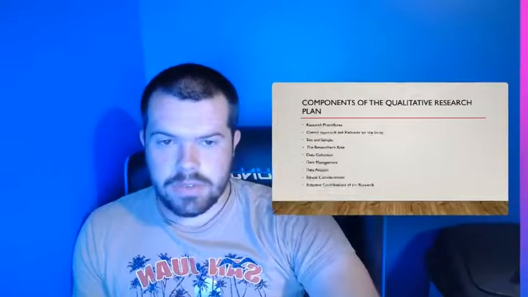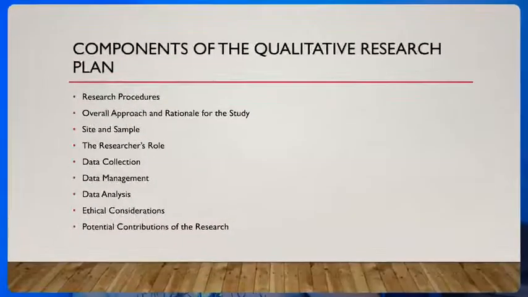Continuing with the components of the qualitative research plan, these are just overall points, not as broken down and not as detailed. You're going to have your research procedures, and your overall approach and rationale for the study will be included. You're going to have a site and sample, so where did you get your participants, and what is the breakdown?